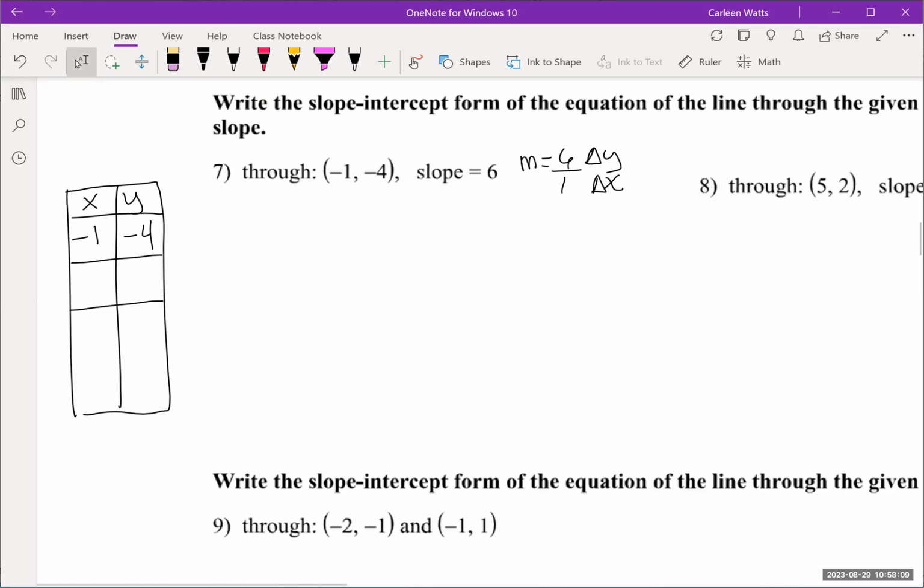Okay, which means I'm going to add 6 in my table. Am I going to add 6 to the x's or the y's? The y's. So -4 plus 6 is 2.